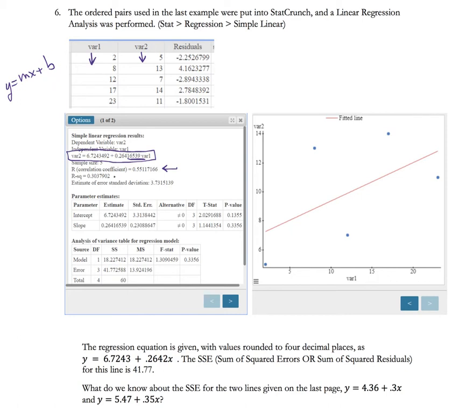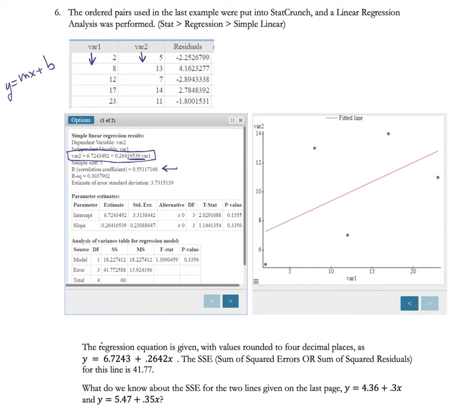Remember, that's the number that gives you your y-intercept. What you're given second is the mx part of that equation. This number that multiplies what would be our x is the slope of our line. And it is fine with me if you report your equations using those column names rather than the variables x and y.